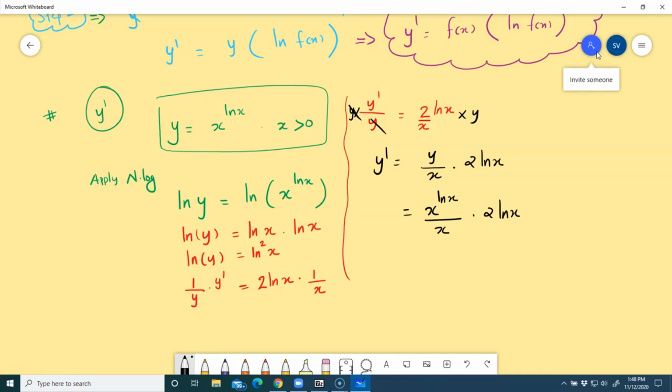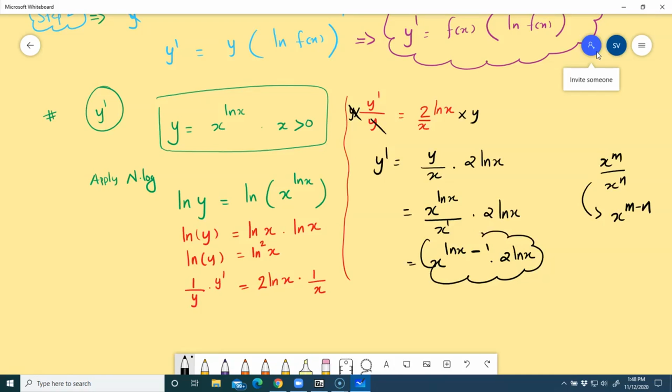This is kind of x to the power m by x to the power n. As we know, x to the power m by x to the power n is x to the power m minus n. So here it is x to the power ln x minus 1, times 2 ln x. So that's it. That is your solution for this problem.